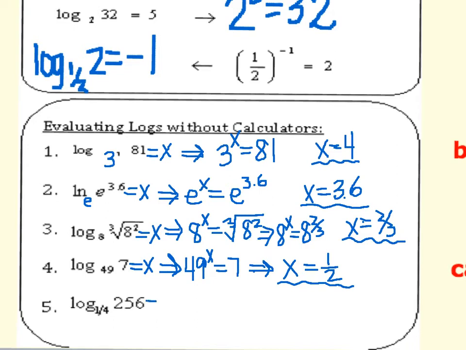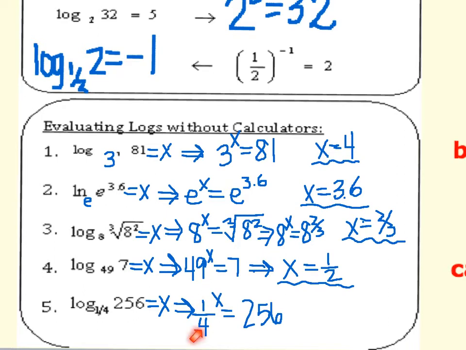Number 5, I'm going to set this equal to x. So let's change the formula. My base is 1/4 to the x power equals 256. Well, one hint for this one is because this is a fraction, 1/4, I've got to think 4 to the what power equals 256. And in order to get that 4 out of the bottom, this exponent has to be a negative number.